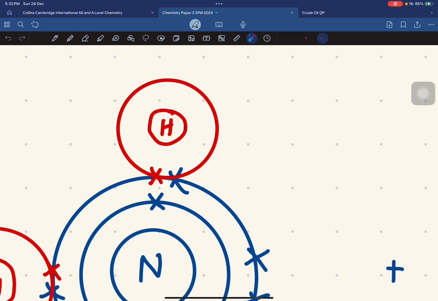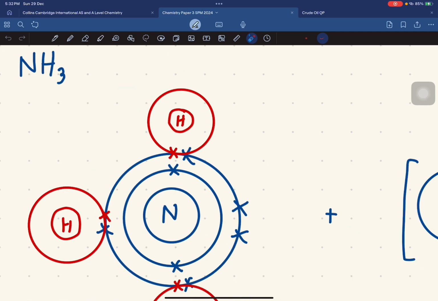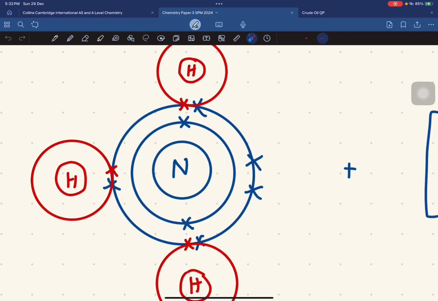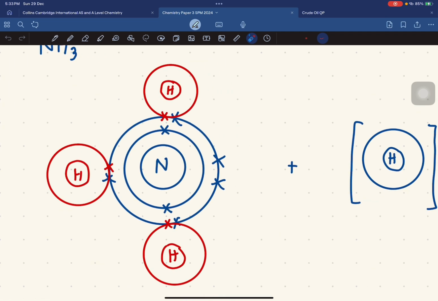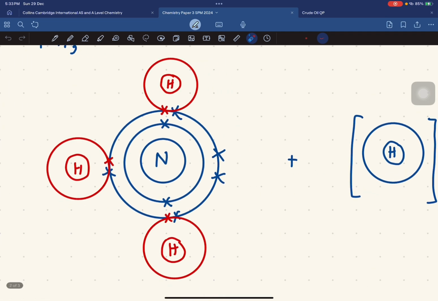The hydrogen atom now has achieved a stable duplet electron arrangement. Meanwhile, the nitrogen atom, since it forms 3 covalent bonds with 3 hydrogen atoms, now has 8 valence electrons. So it has achieved a stable octet electron arrangement. That is the explanation for the structure of ammonia.